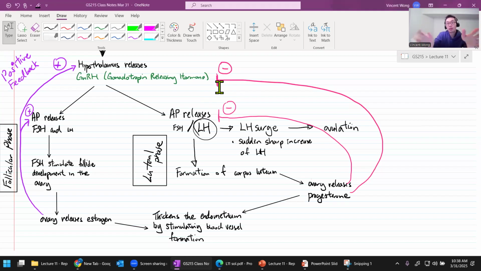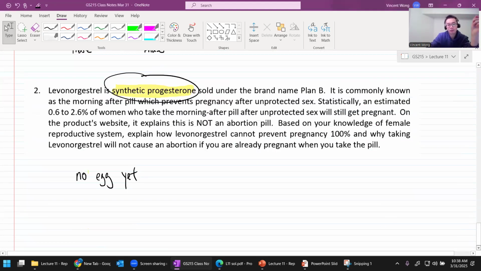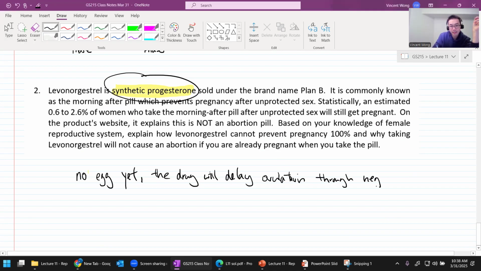So taking this drug delays ovulation, so there are no eggs yet. The drug will delay ovulation through negative feedback.